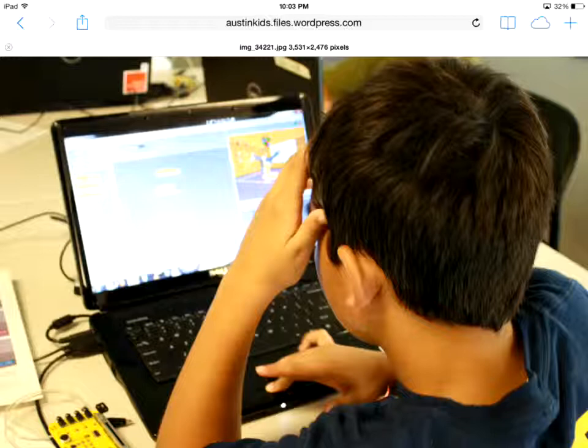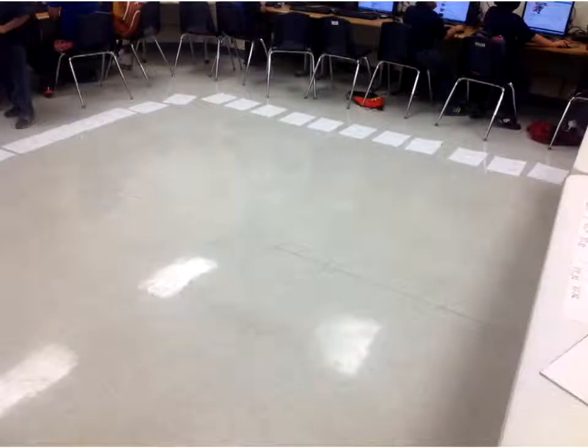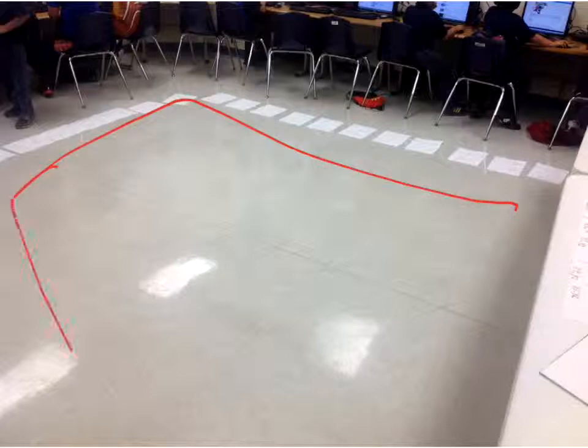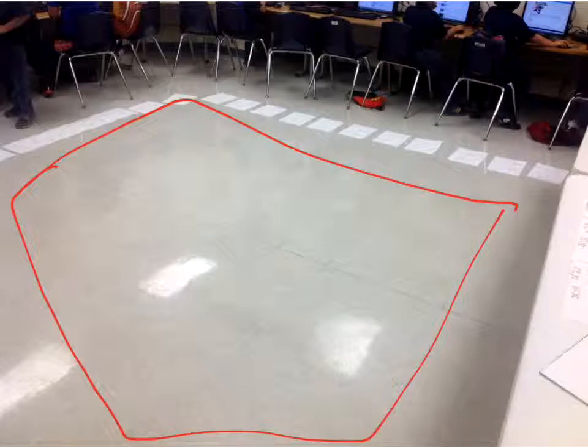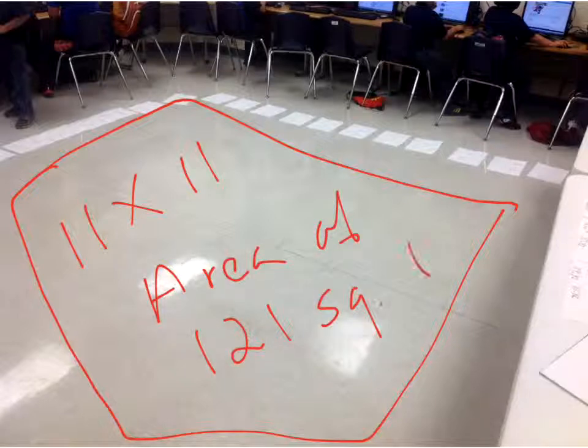So we're teaching them how to read coordinates, which will later be translated into their sprites or their character movements on their computer screens right here. As they're building their programming and coding skills, they're telling the sprites where to move on that screen. And we play this game so that it will be more reinforcement for them.